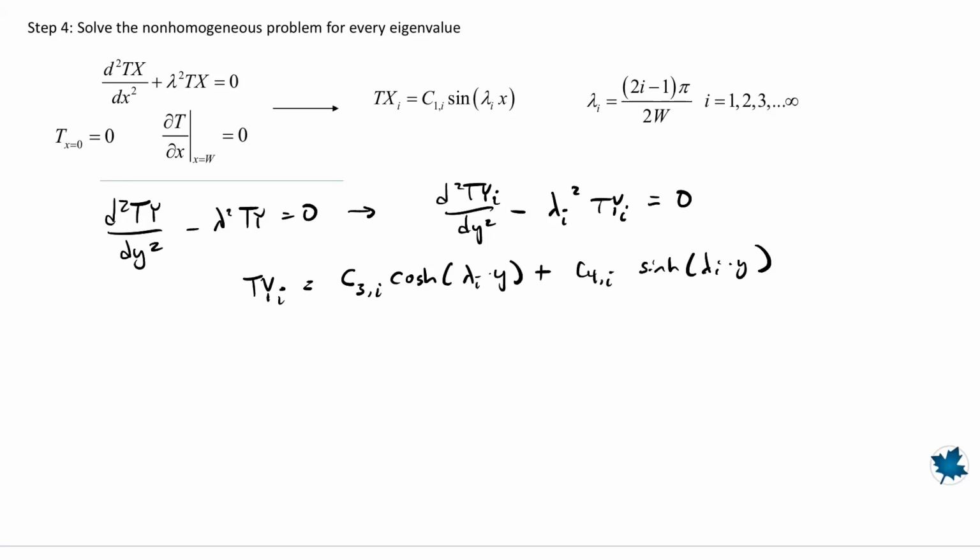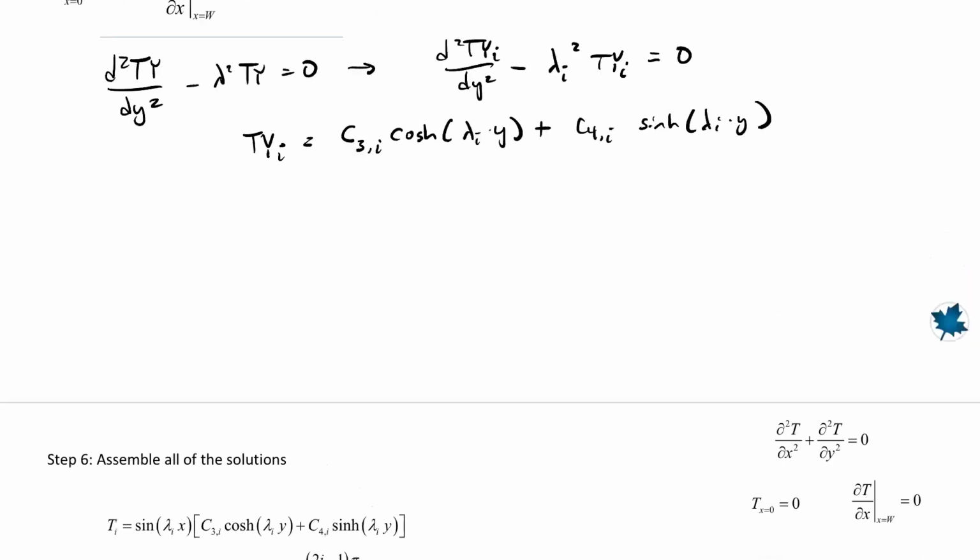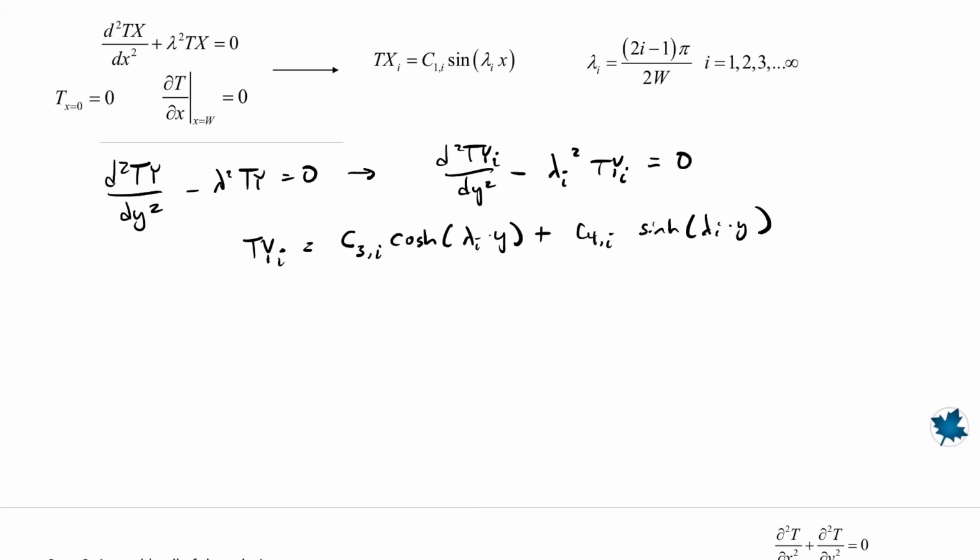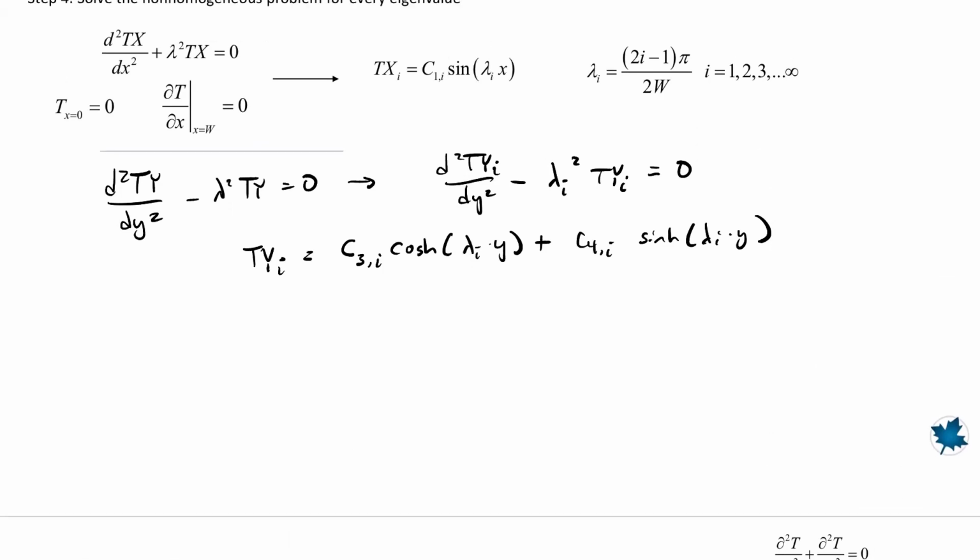Okay, so then we now have our y solution. We have a y solution for every value of lambda, but we don't know what these constants are. This is kind of the problem.